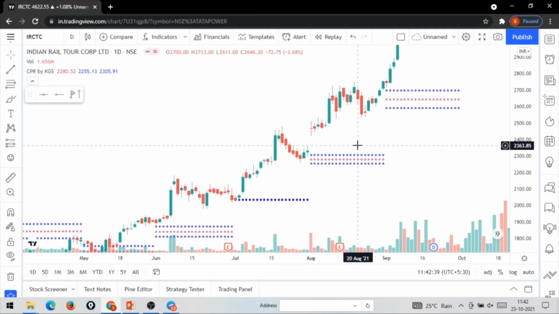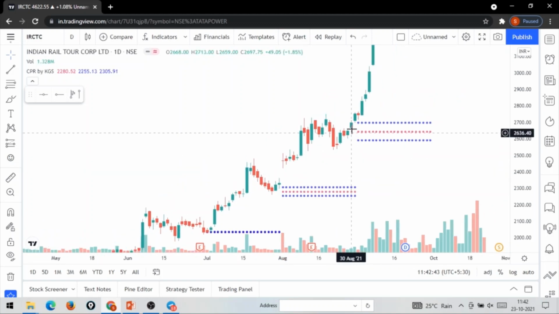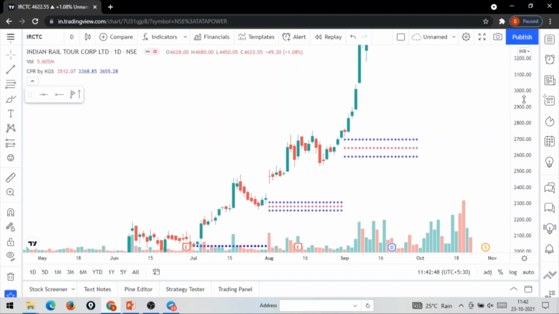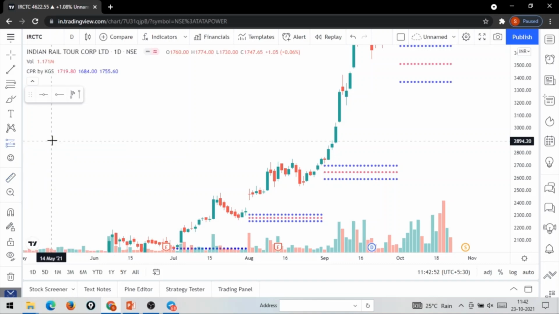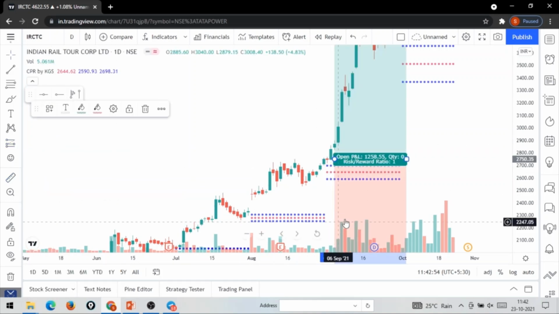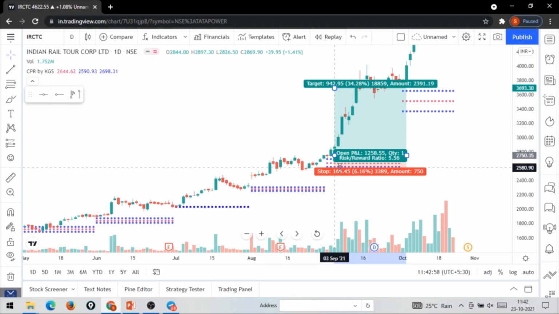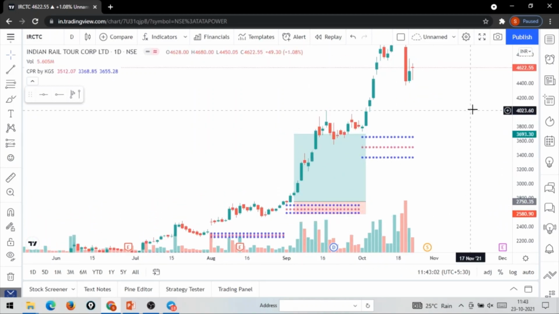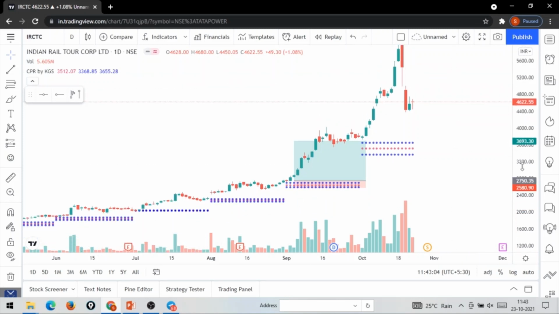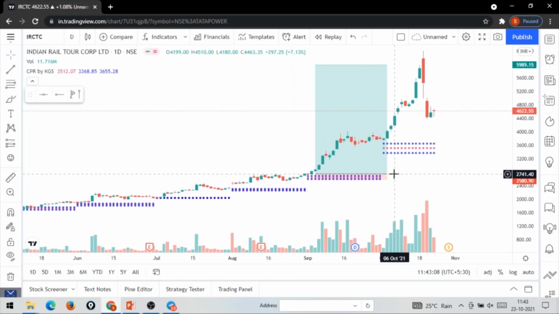You do not enter here because the price never came to the CPR. Your entry point will be here, that is 1st September. This is your entry point and the stop loss would be this, and this is the target you have achieved.